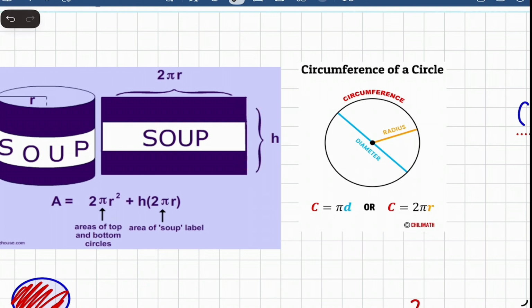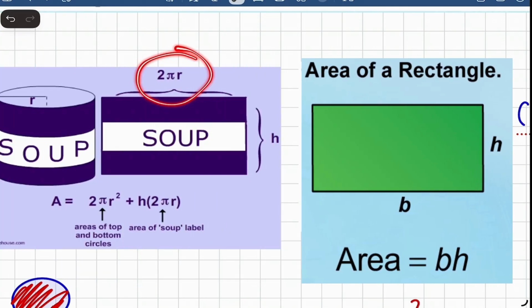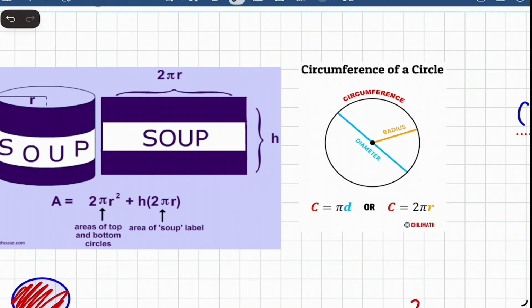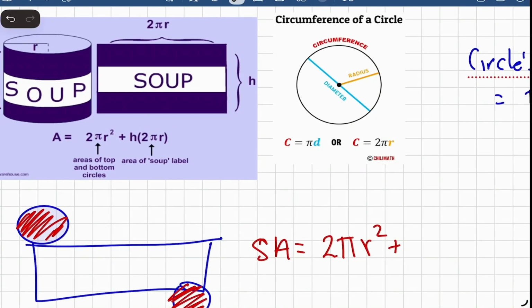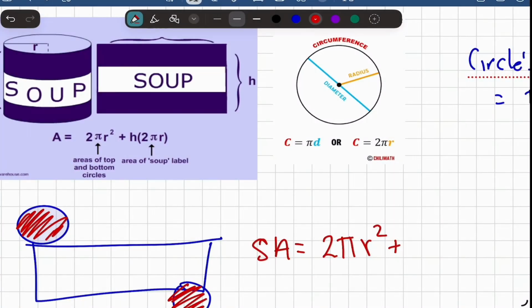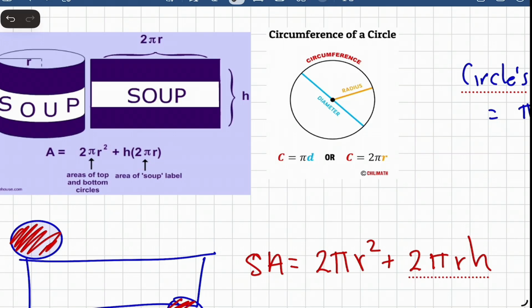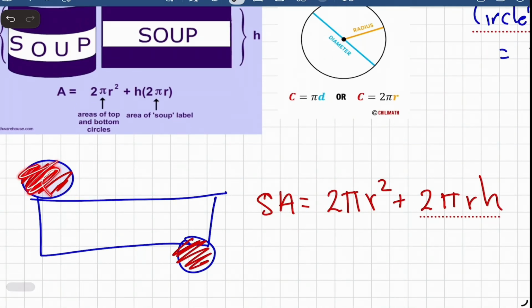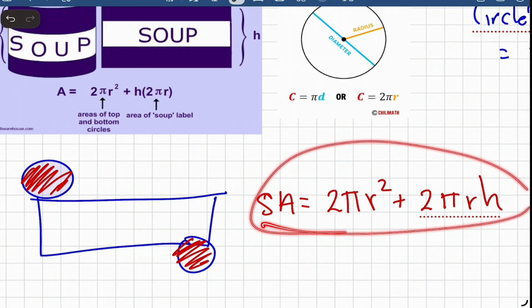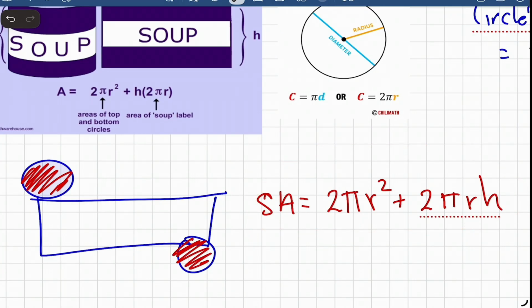So this area is 2 times pi times radius, the circumference, times the height, as always. If you remember, a rectangle is this times this. So using the formula, we can say plus 2 times pi radius times h. That's it. So we are saying the total surface area, the 2 circles plus the rectangle, is this.